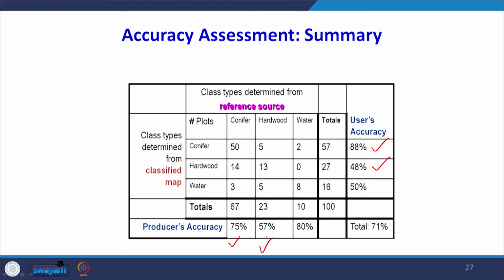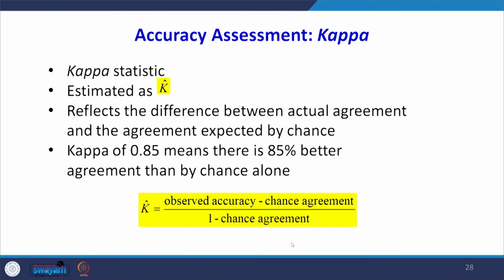And for water pixels the user accuracy is 50%, whereas the producer accuracy is 80%, and the overall accuracy is 71%. So, this gives us a true picture of how well a pixel has been classified with reference to the reference data.